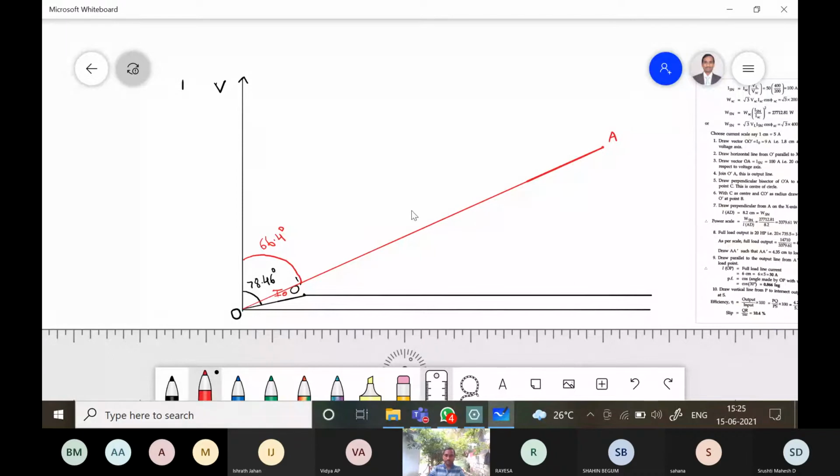So this is called as ISN. That is 20 centimeter, right? 100 amps.